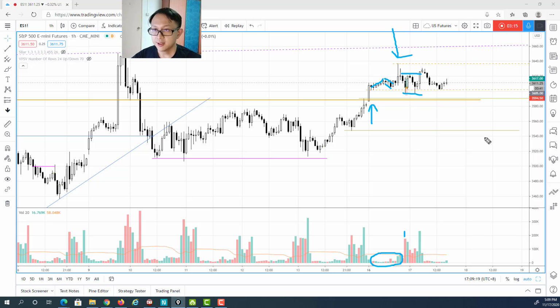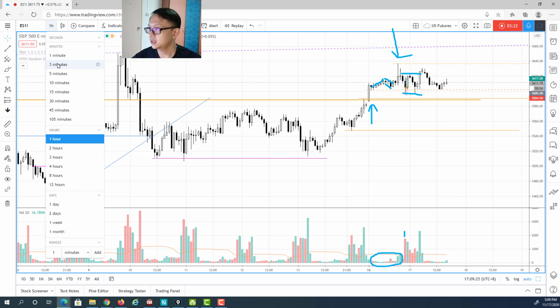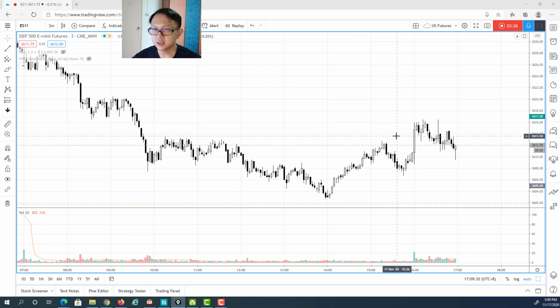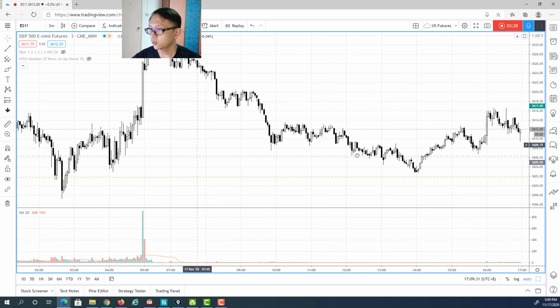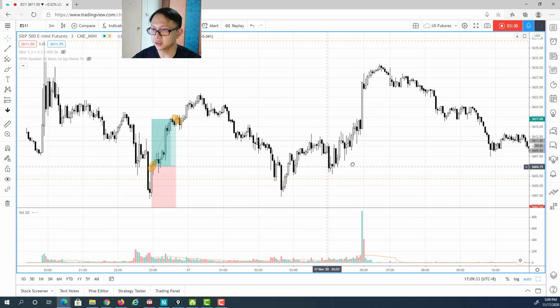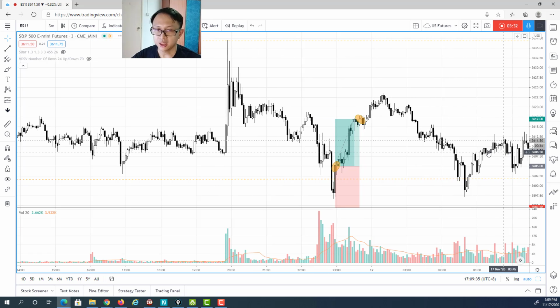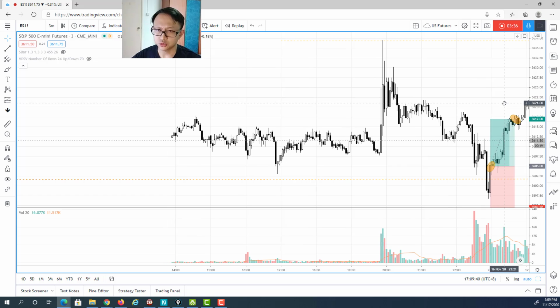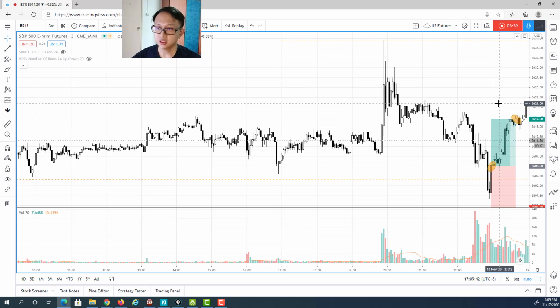But anyway, that's the hourly chart from yesterday's session. Let me get down to the 3 minutes time frame and let me show you the 3 things that you need to do when you are trading the false breakout and how to actually differentiate whether this is a true breakout or a false breakout. So I'm going to share it with you here.